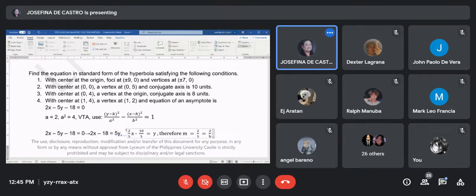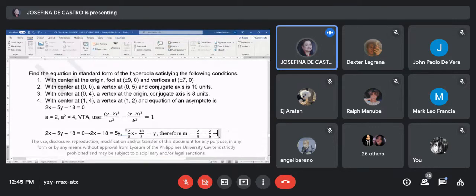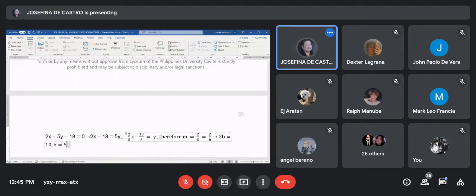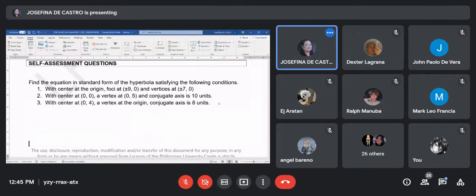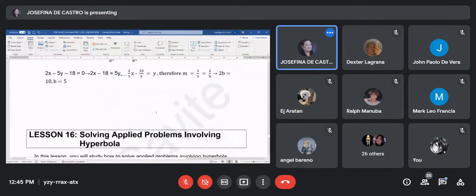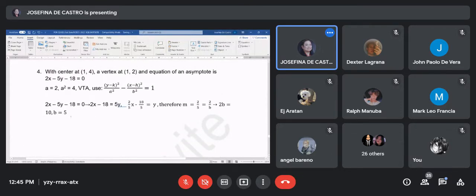By cross multiplication. So, magiging 2B is equal to 10. Therefore, B is equal to 5. And B squared is equal to 25.